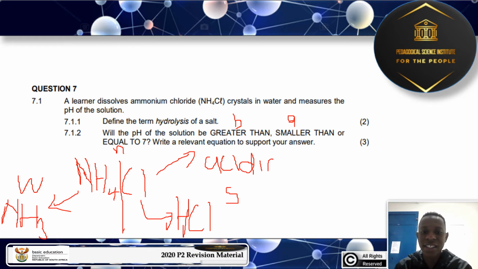The acid that reacted to form this salt was strong, and the base was weak, so the acid is going to dominate over the base, resulting in an acidic salt. As this salt is acidic, the pH is going to be smaller than 7. Smaller than is our answer.